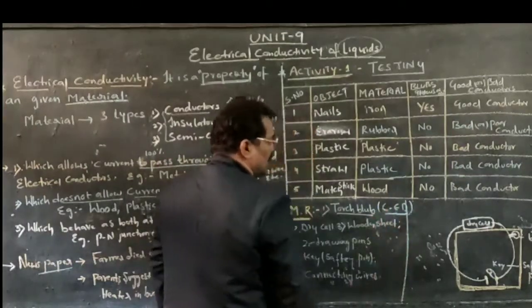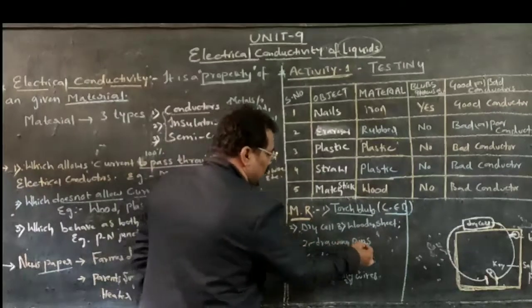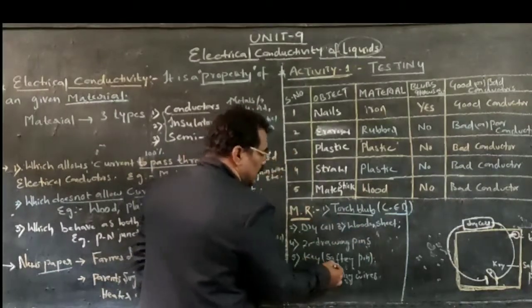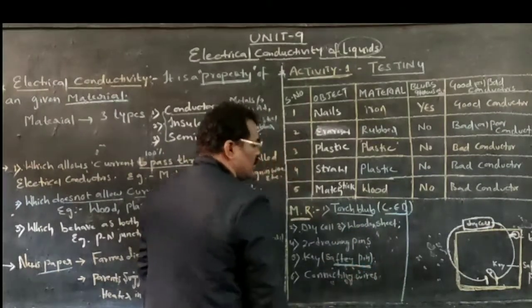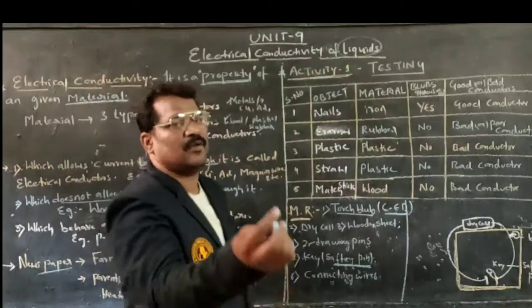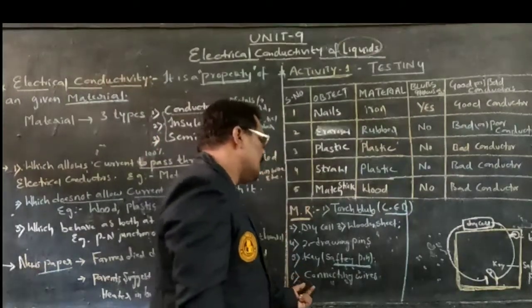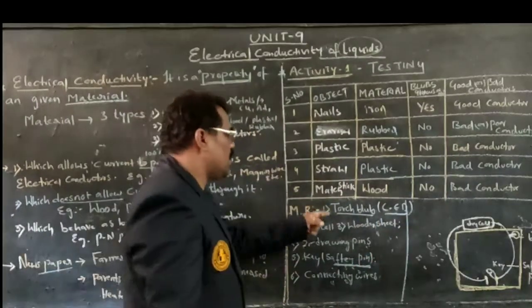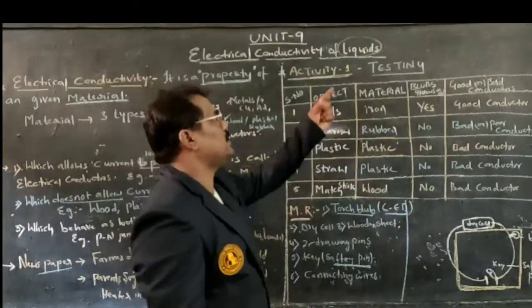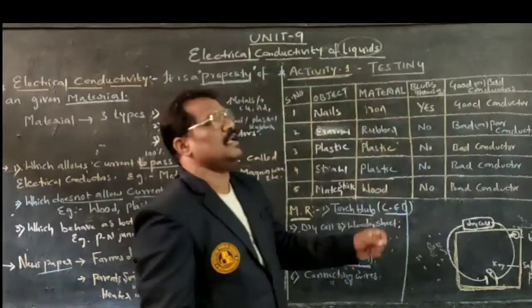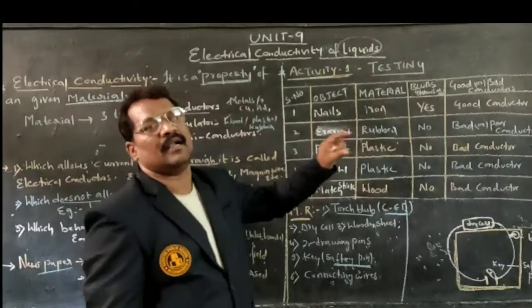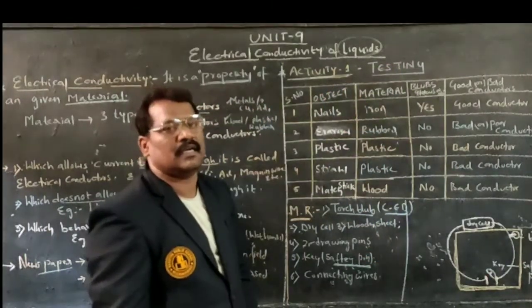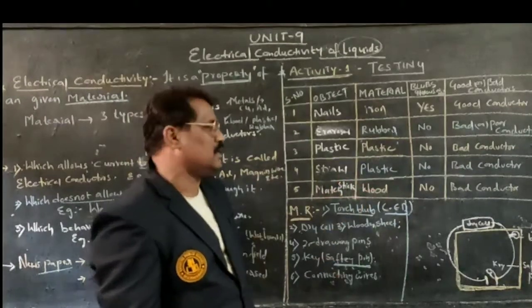A wooden sheet, 2 drawing pins, and in place of a key we have taken a safety pin which is made up of steel. Connecting wires I have taken. These are all the materials required to test whether a material is a good conductor or a bad conductor of electricity.